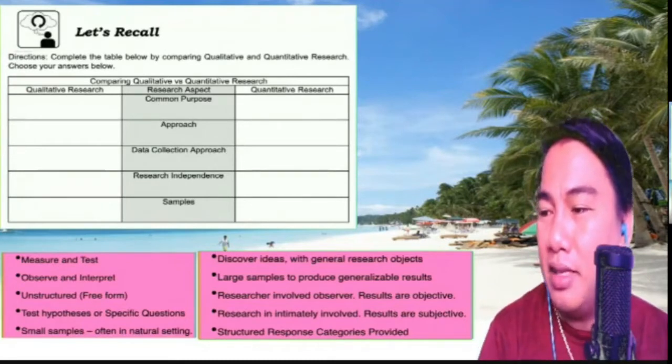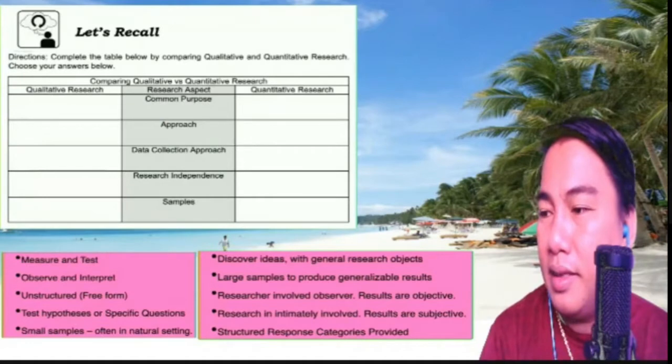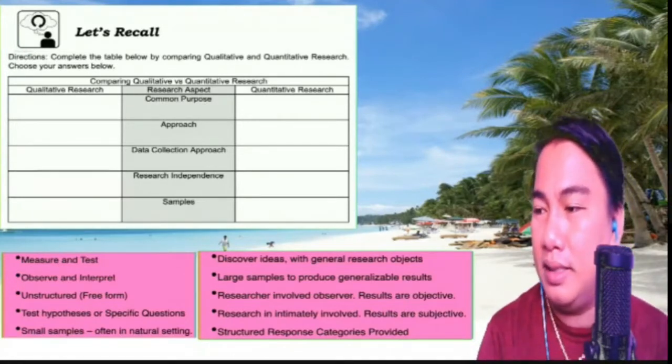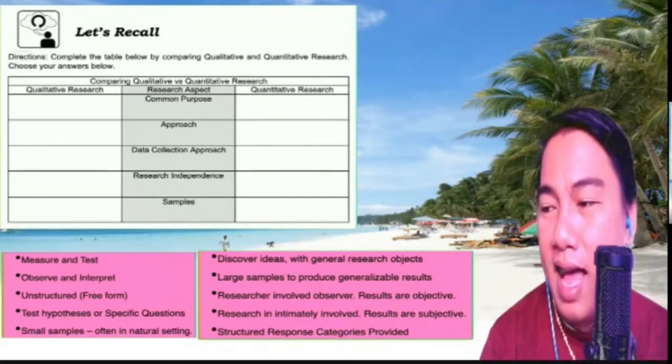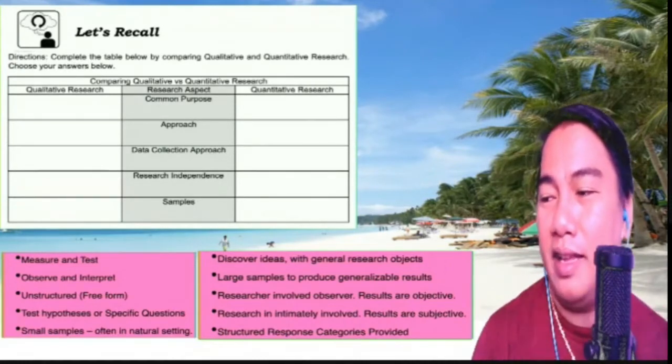Okay, so we're going to put that in research independence, approach, the data collection approach. Next, large samples to produce generalizable results. Sir, quantitative. Quantitative, and then we're going to put that under samples of quantitative. Yes, okay.